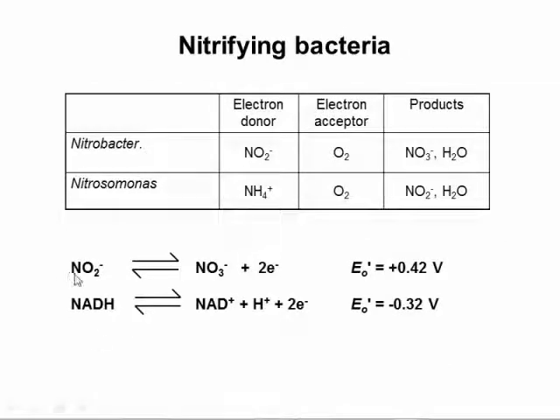You have electrons, they start off on the nitrite, and they're going to be released, and they're going to be transferred actually onto where? Oxygen, right? During this transfer, what can the bacterium do that will allow it afterwards to generate ATP and NADH?